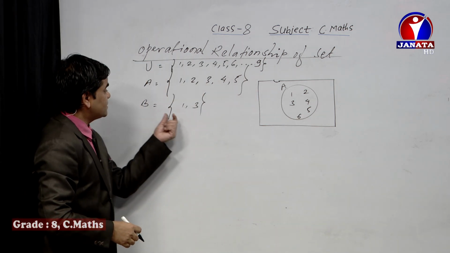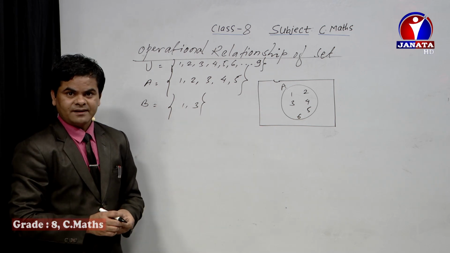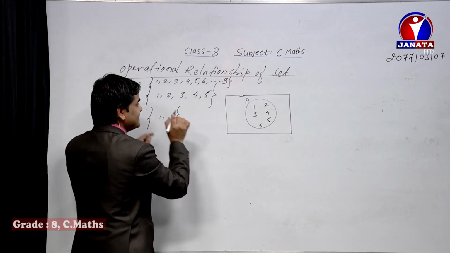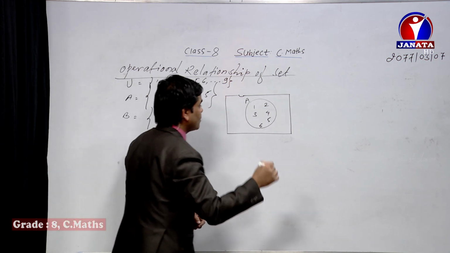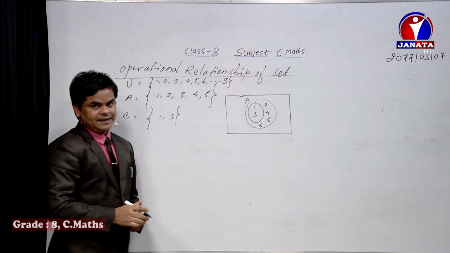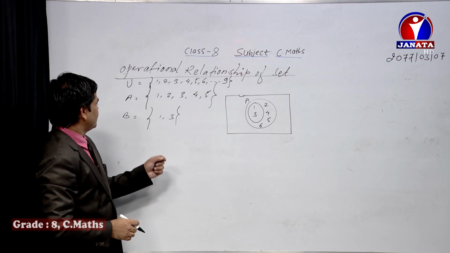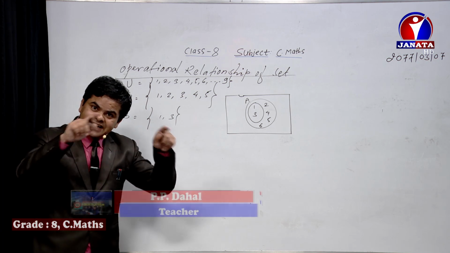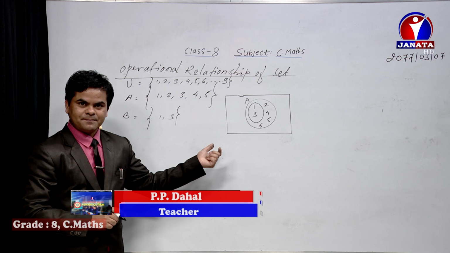Now if we need to represent set B also in the same Venn diagram, what happens? Of course, 1 and 3 are already included in set A. So another circle should be prepared inside the circle A. That means a proper subset always comes inside the set while preparing a Venn diagram.